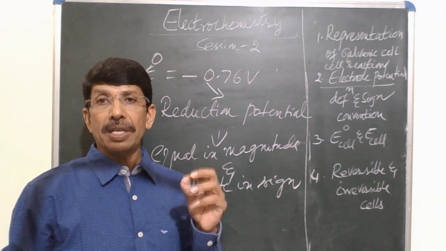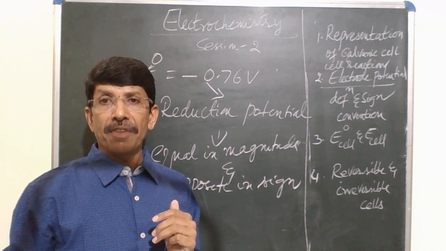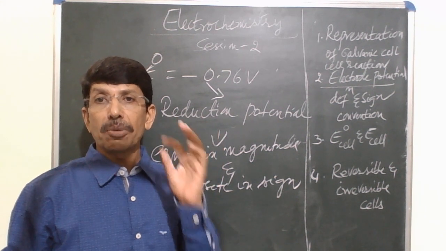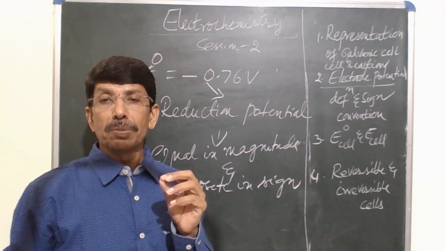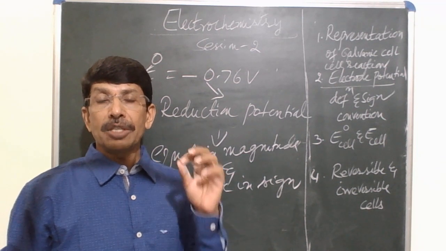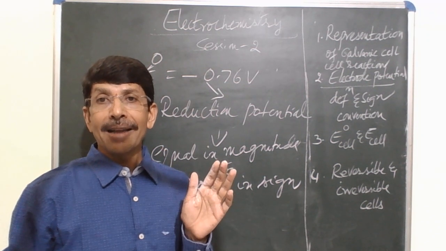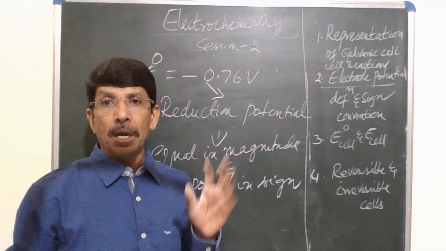When I say the electrode potential of an X electrode is minus 0.5 volts, it goes without saying that I am talking about reduction potential. So you should assume that when electrode potential is mentioned, it is only reduction potential, unless it is specifically mentioned as oxidation potential.